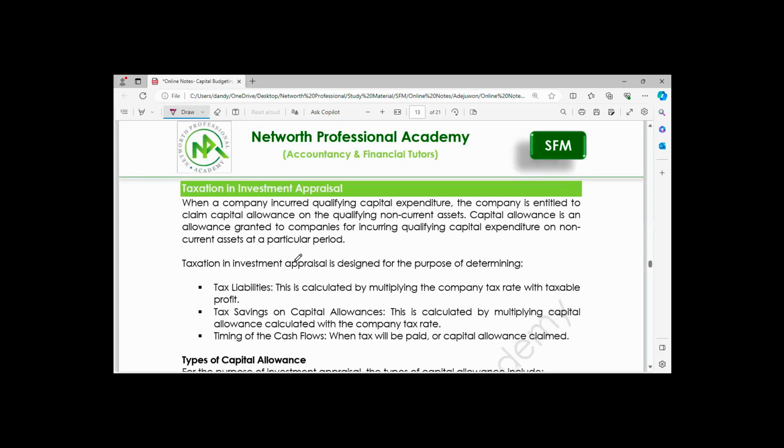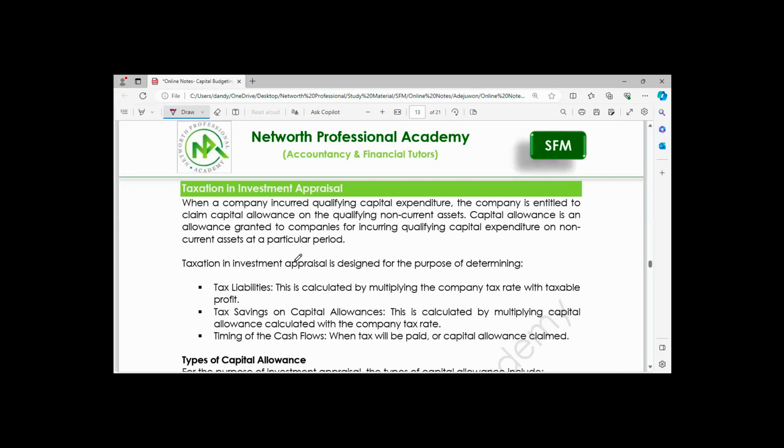For the purpose of capital investments, capital allowance is granted in lieu of depreciation. Capital allowance is an allowance claimable by a business for incurring qualifying capital expenditure.